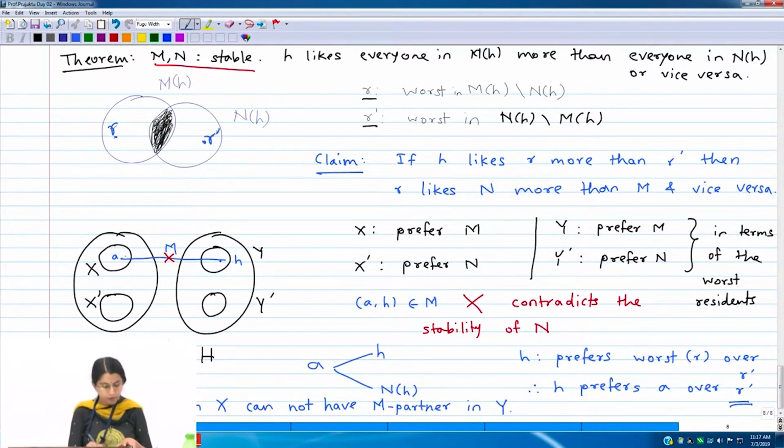So where are the M partners of people in X? If residents in X cannot have their M partners in Y, they can only have them in Y prime. So M of X is a subset of Y prime.